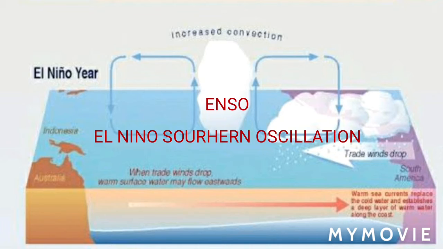A feature connected with SO is the El Nino phenomenon, in which a warm ocean current that flows past the Peruvian coast in place of the cold Peruvian current every 2 to 5 years changes the pressure conditions. The change in the pressure conditions is connected to El Nino. Hence, the phenomenon is referred to as ENSO, El Nino Southern Oscillation.